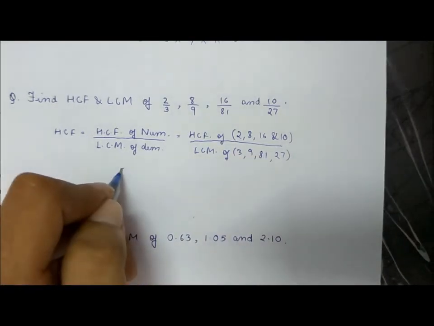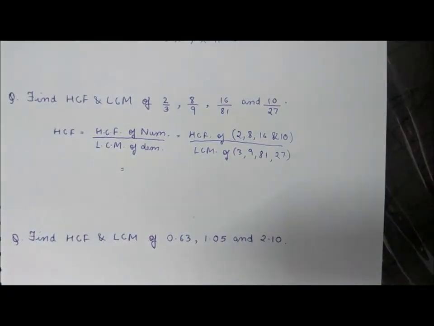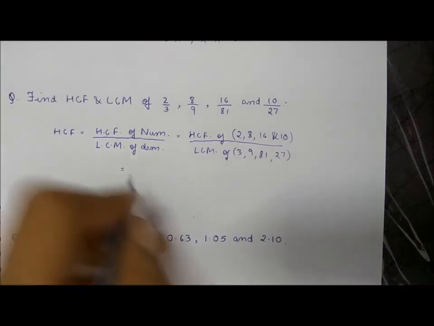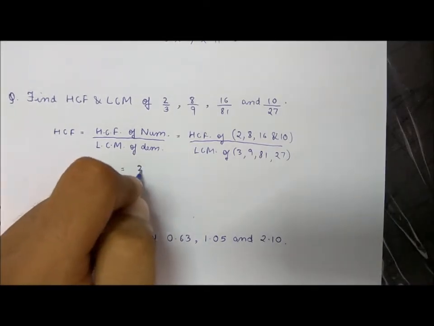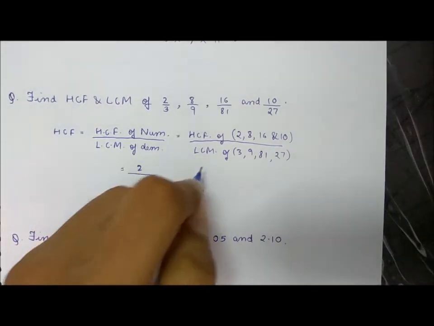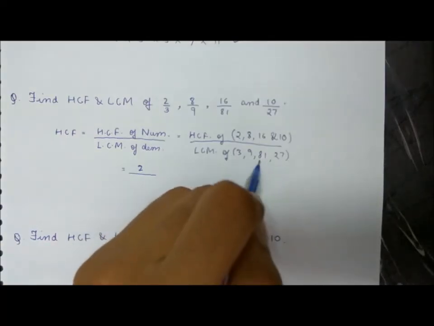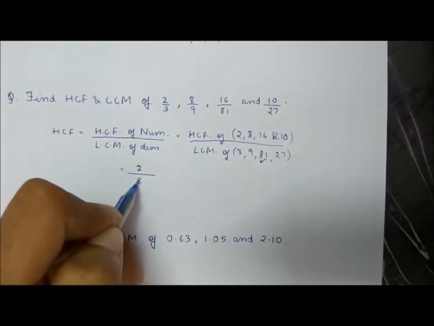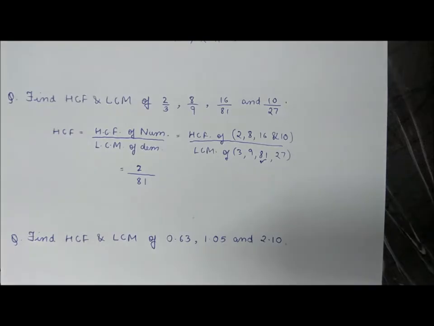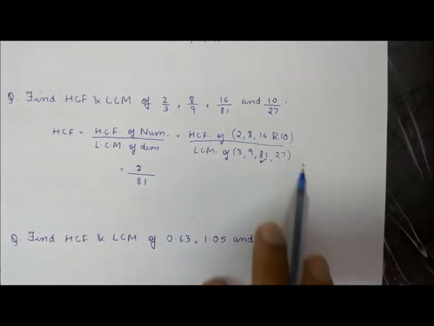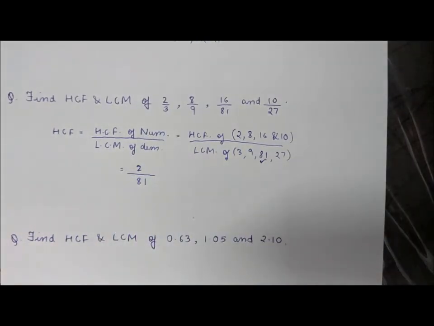The HCF of 2, 8, 16, 10 calculated by the above method came out to be 2. The LCM of the denominators can easily be noted, it would be 81. Hence the HCF of the given fractional numbers is 2 upon 81.